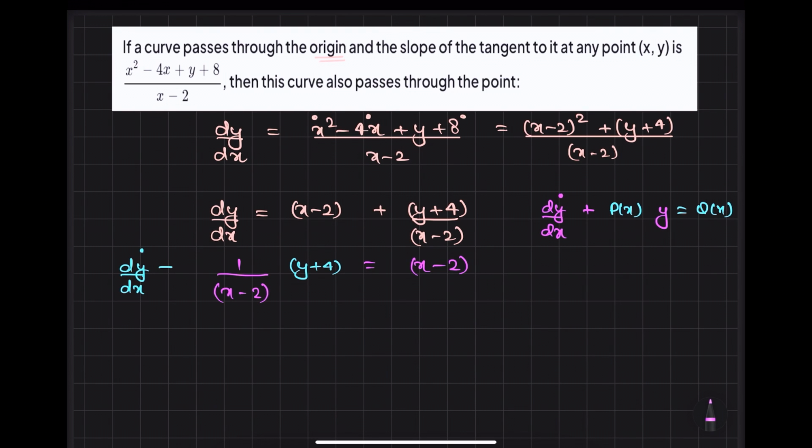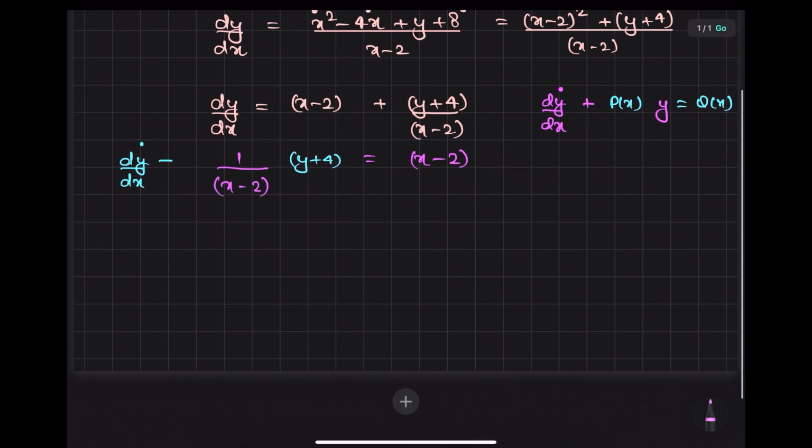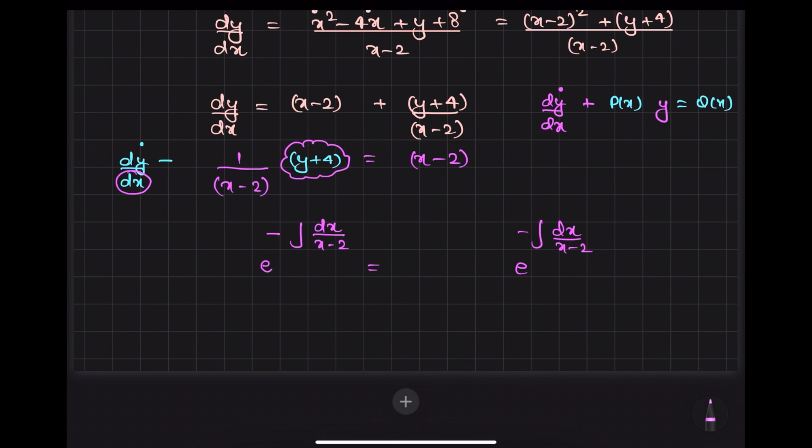Now be very careful while writing x and y. So we want e power integral of P dx because the function is differentiated in terms of x. So we have e power integration of minus dx by x minus 2. Now we have this thing, we will be writing y, but whose y? This is the y. In place of y you have to write this.